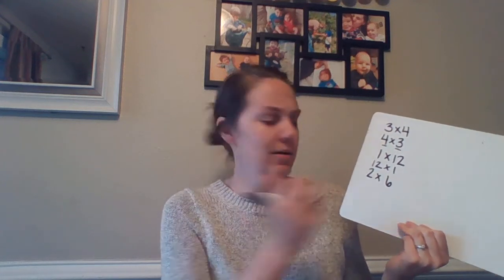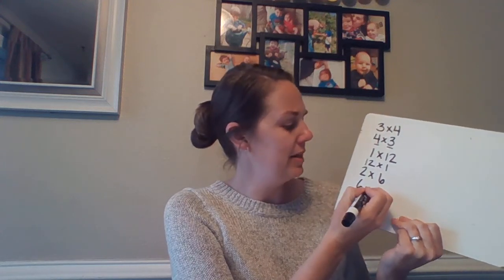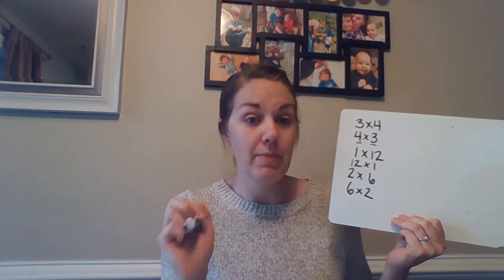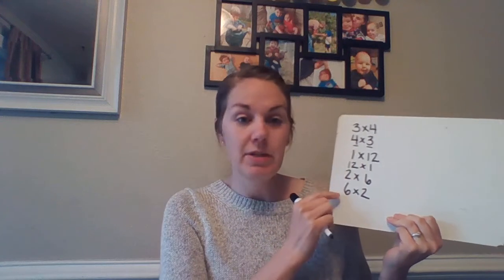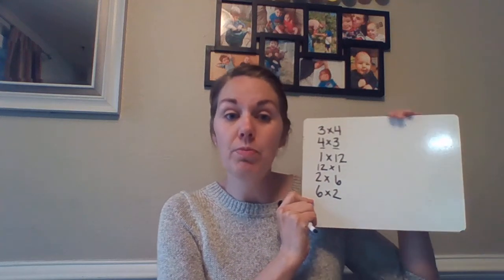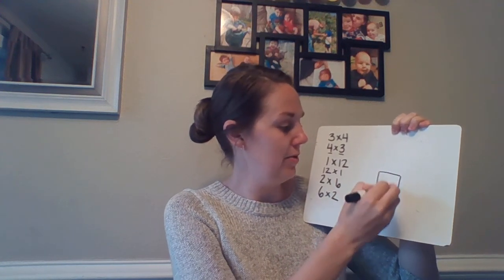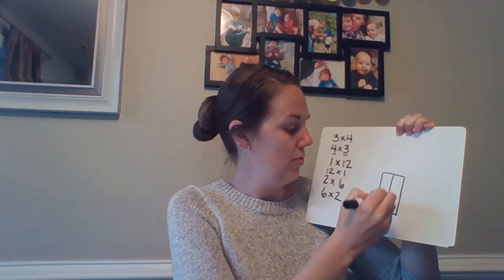I just said that in the reverse way. I really thought of it as 6 times 2. But because order doesn't matter when we multiply, 2 times 6 and 6 times 2 would both be factor pairs. A 2 by 6 rectangle would look like this.